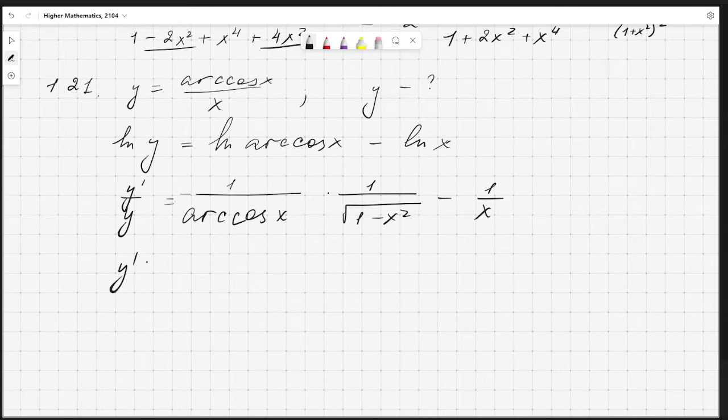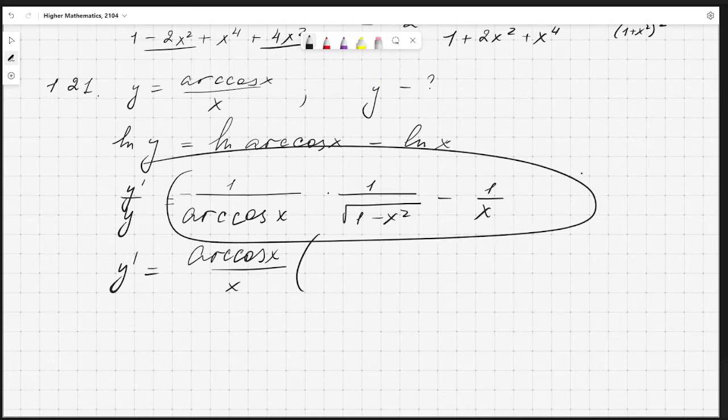And y prime will be equal to y, arccosine of x over x, times this expression.